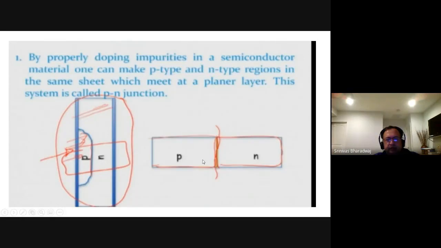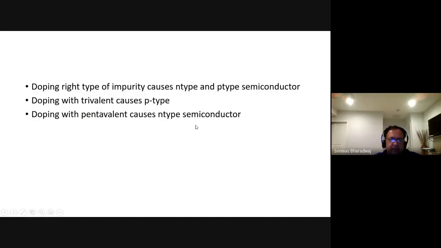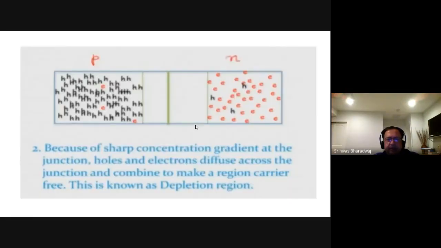So now here you have this depletion layer between the two sides, right? And then there is an electric field across the depletion layer which keeps these two separate, right? So if you dope it with pentavalent phosphorus, you get N type. If you dope it with, say, aluminum, you get P type, right?